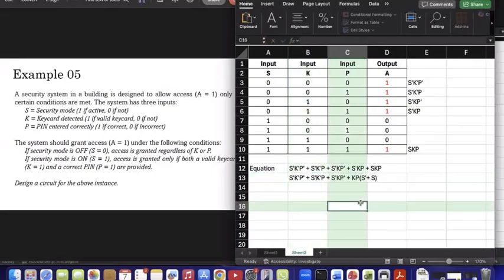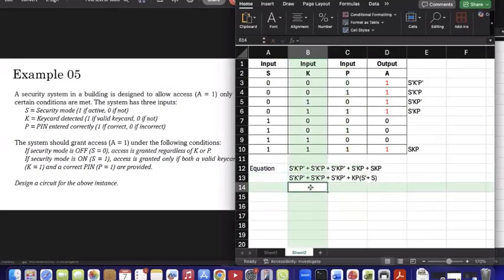Is it fine? Can you follow up? S bar K bar is common. Okay, fine. S bar K bar is common. Do it in one step.